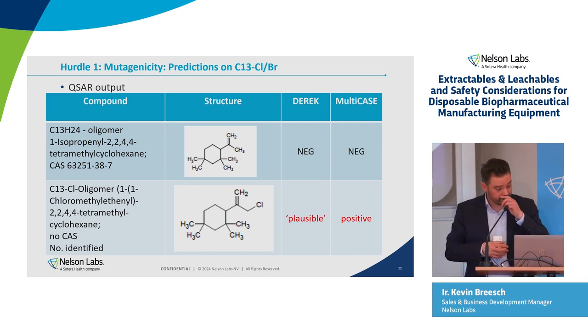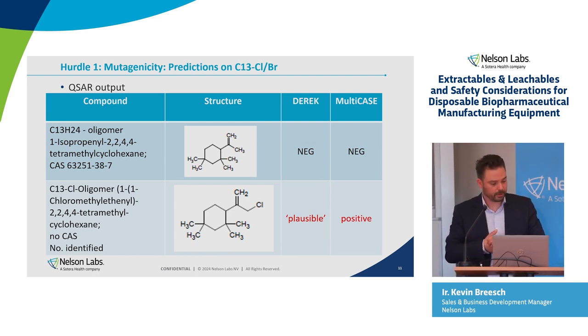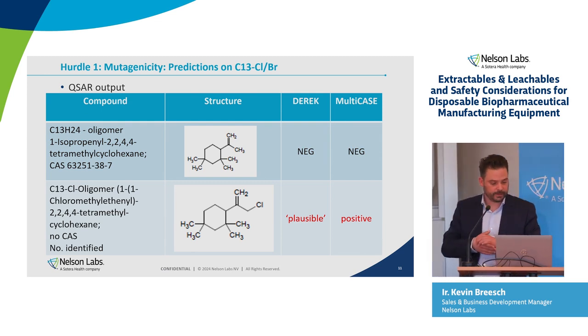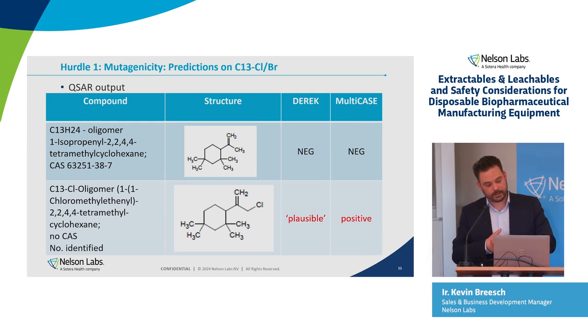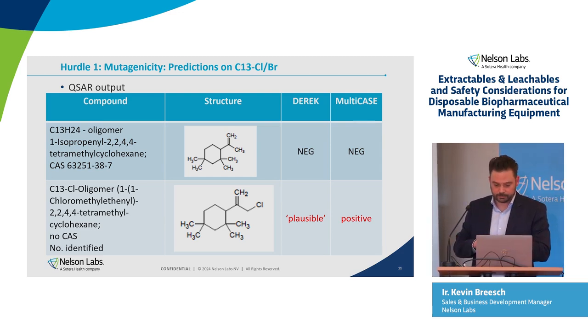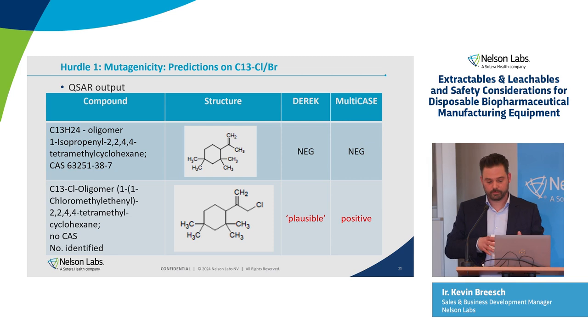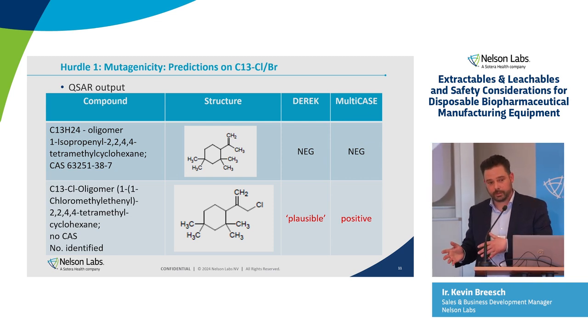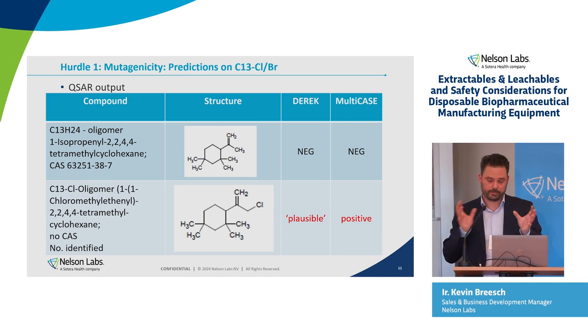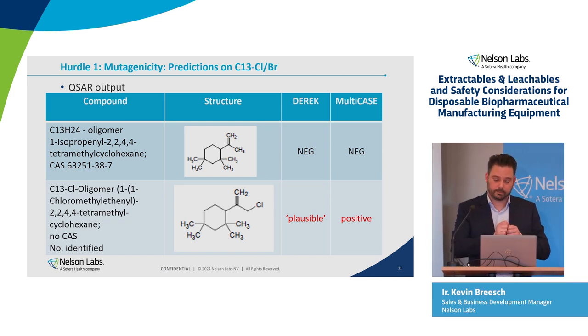An example here is the output for the rubber oligomer, the non-halogenated and the chlorinated. The non-halogenated is negative in Derek and Multicase. Derek is a rule-based system. Multicase is a statistical-based system. You need to have 2 complementary systems with the same prediction to be reliable.